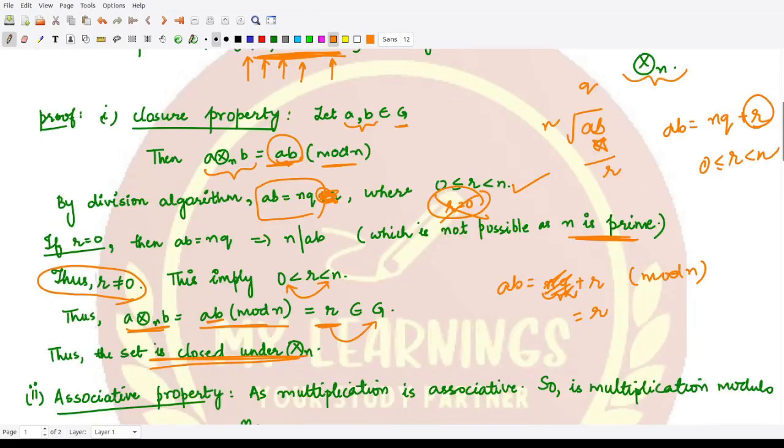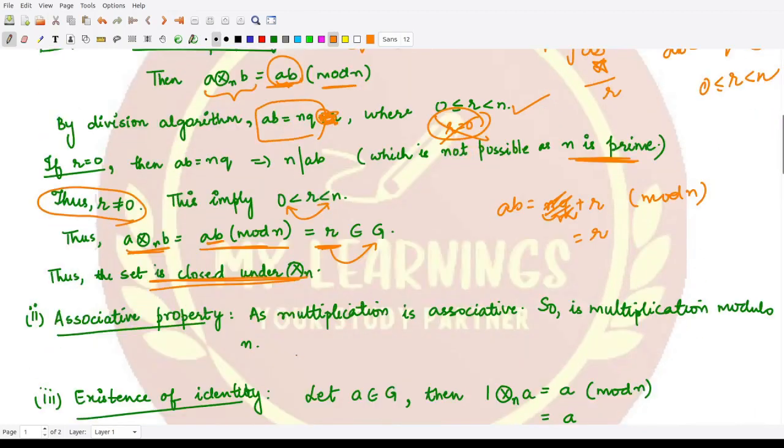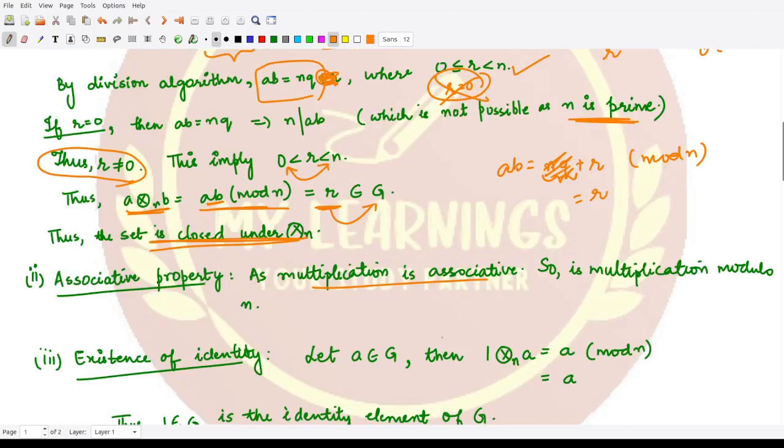Next, we want to show the associative property. Because multiplication is associative, multiplication modulo n is also associative. For the existence of identity, we take some element a from G. Now we say 1 is the identity of this group. Why? Because if you take multiplication modulo n of 1 with any number a from G, you will get back a.